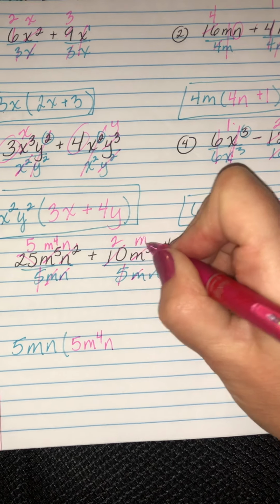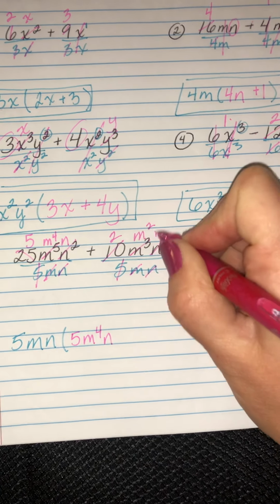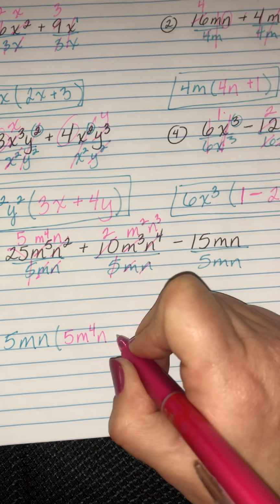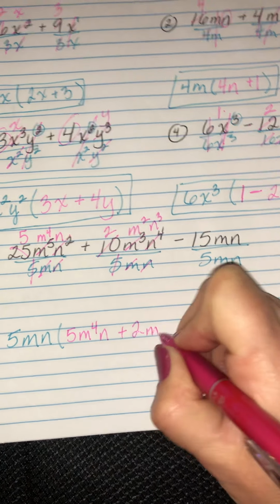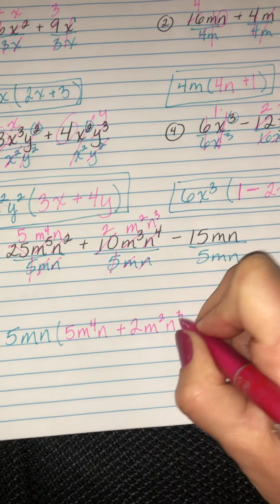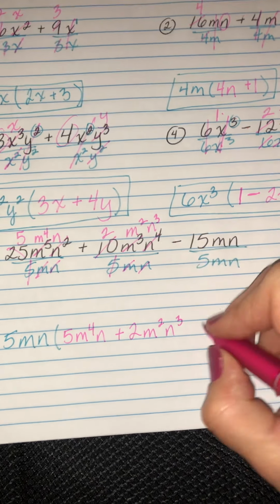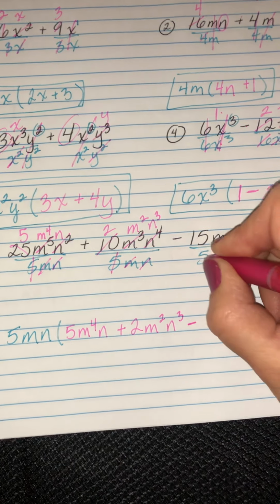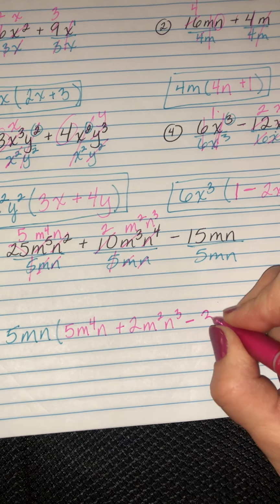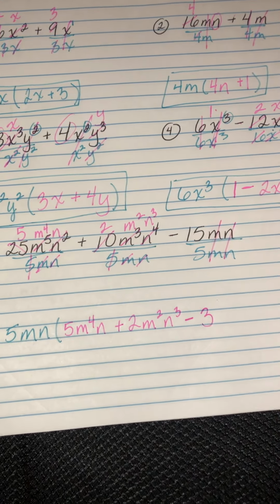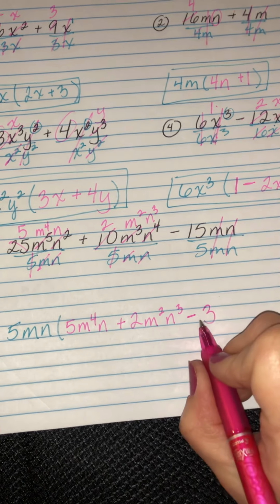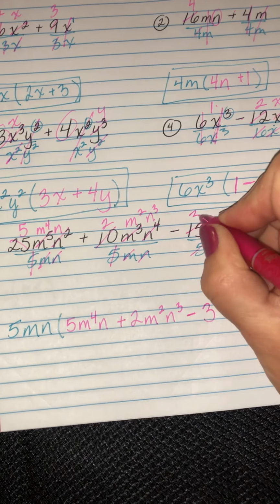M, that leaves me with m squared, n to the third. So plus 2m squared n to the third. And then lastly, this one is minus, so this is going to be minus. 15 divided by 5 is 3. And the m's and n's divide out. So all I'm left with there is the 3.